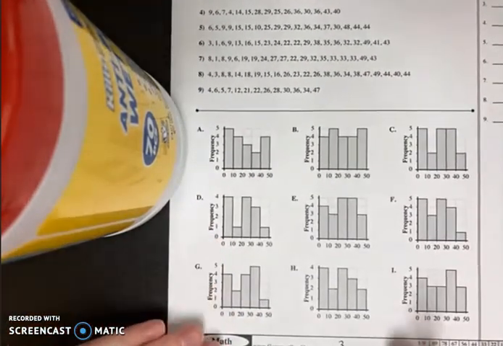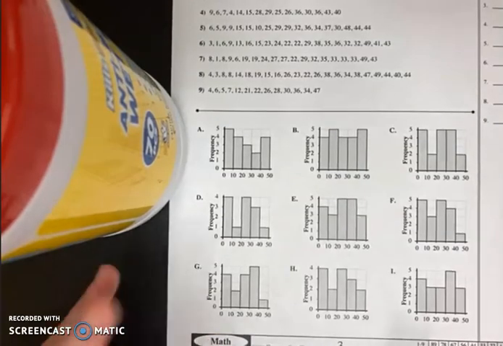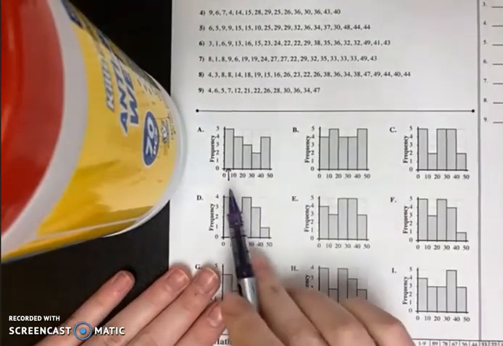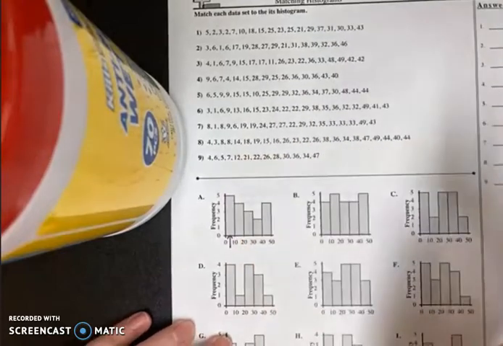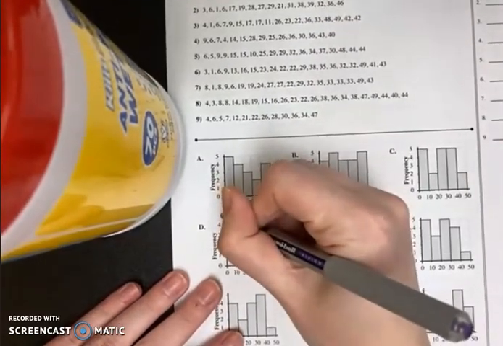All of these histograms start at 0 and end at 50. Now because it's just each number between the bars, remember how we read it. This right here is 0 to 9.9, but when I look here, there's no fractions, it's all whole numbers. So this first is going to be 0 to 9.